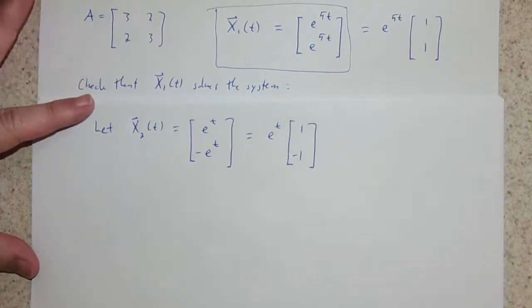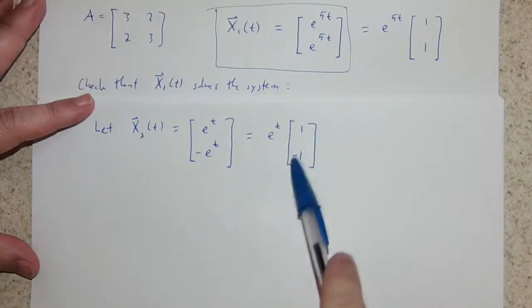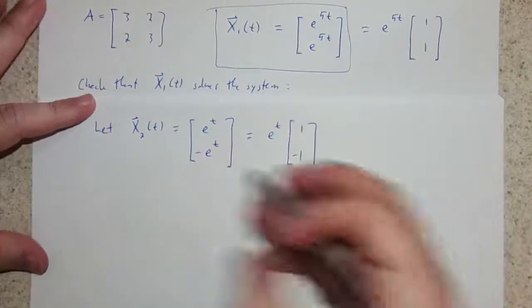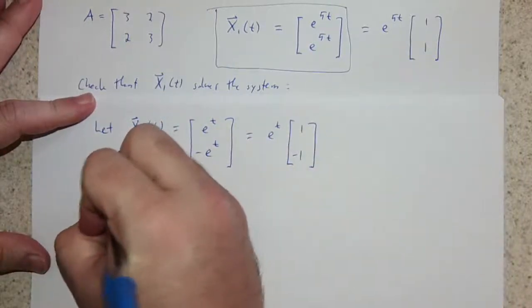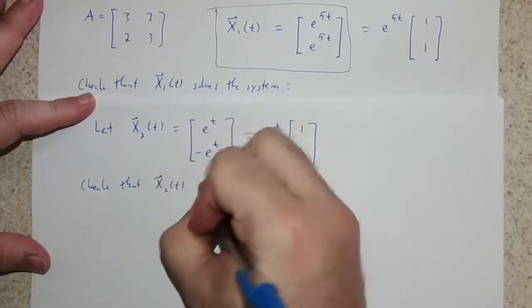So here's big X sub 2, this is e to the t, e to the minus t. This is e to the t times 1, minus 1. So I'm going to check that x2 of t also solves the system.